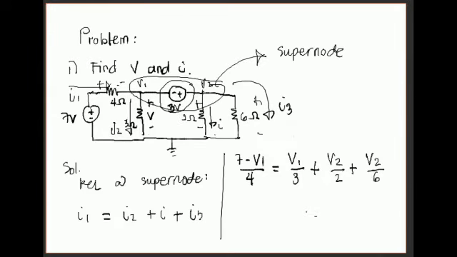So rearranging, we have 7 over 4 equals V1 times (1 over 4 and 1 over 3) plus V2 times (1 half plus 1 over 6).